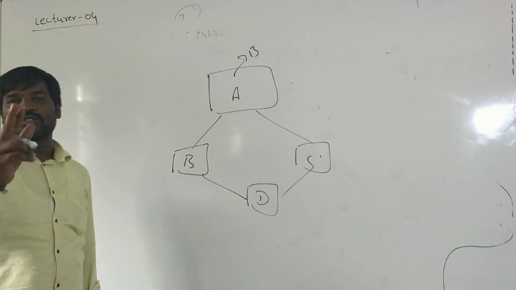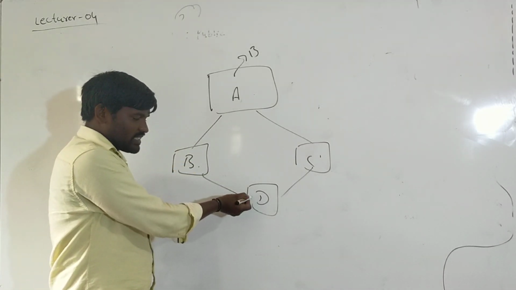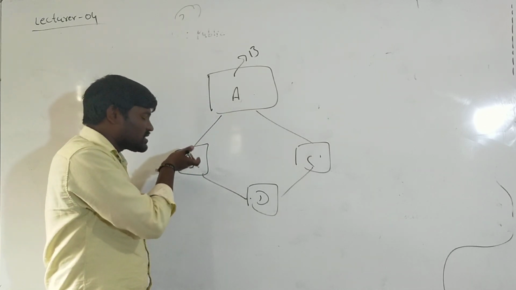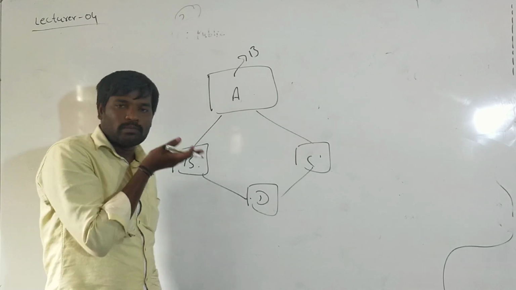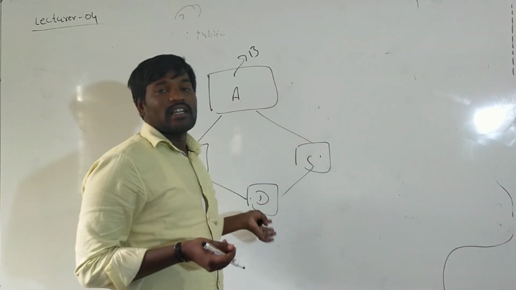The answer is 2 times, because D can access the properties of B, and A's properties are already present in B. It means that with the help of B, D can access the properties. In the same way, C also.